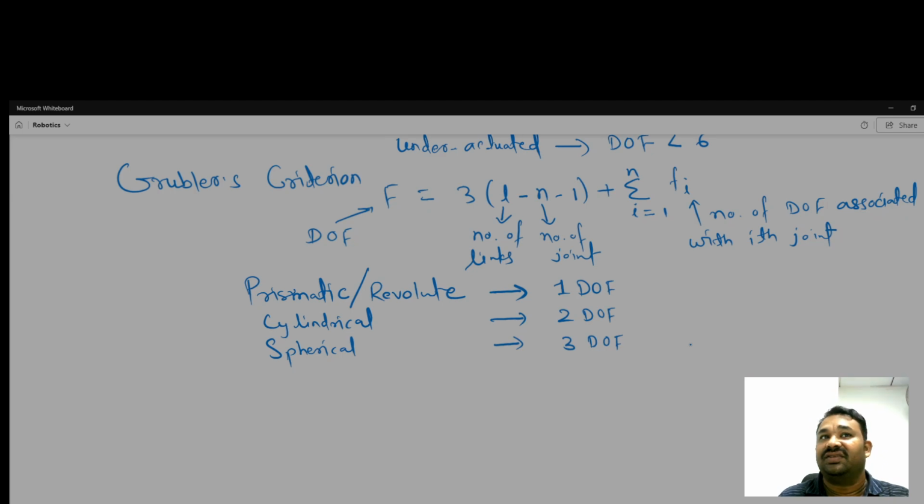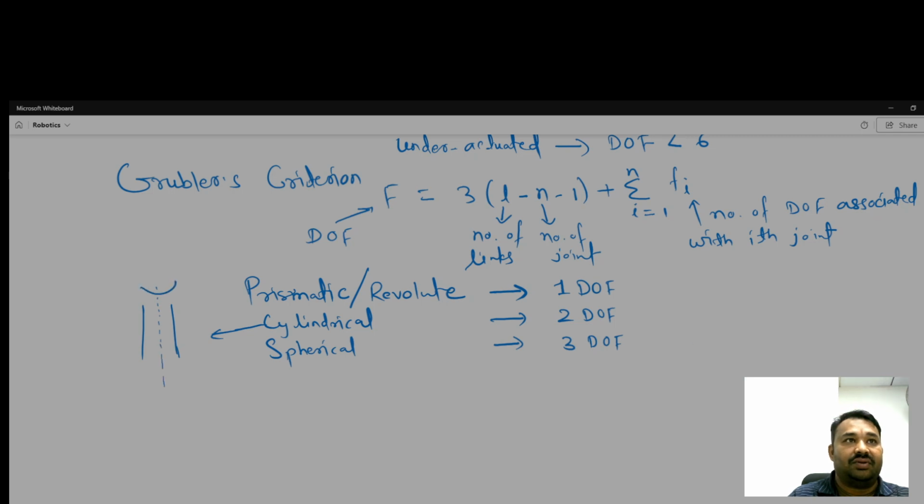In the cylindrical joint, it is better to draw it here, and this is the axis.